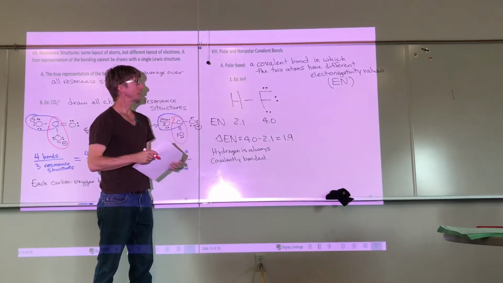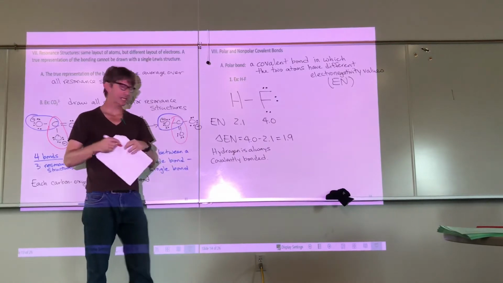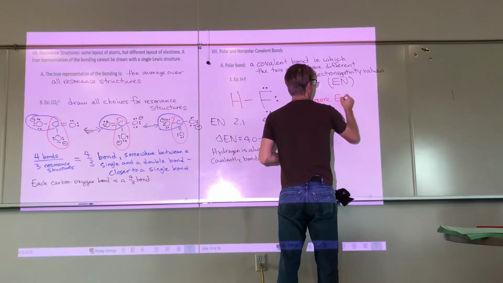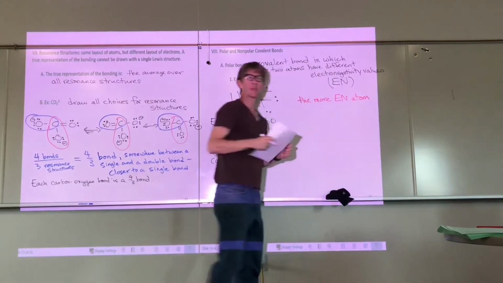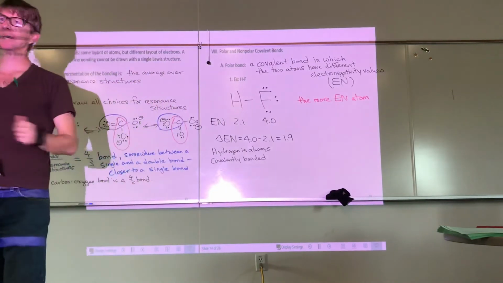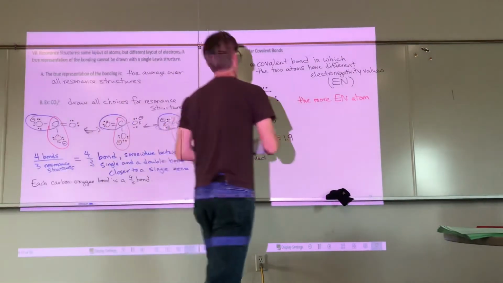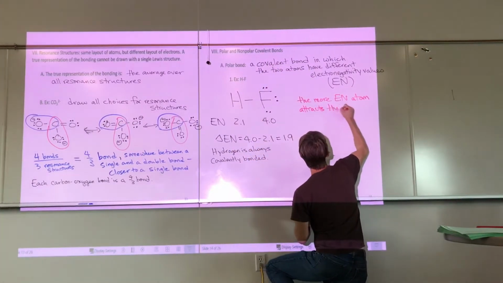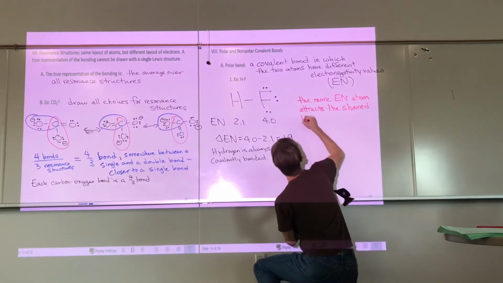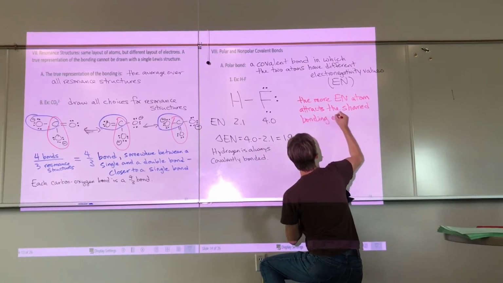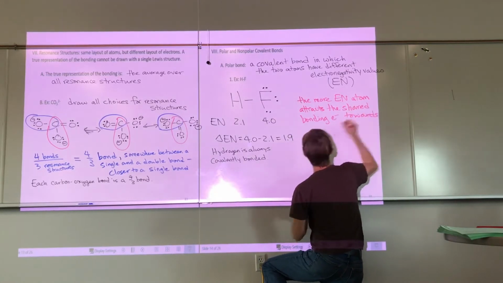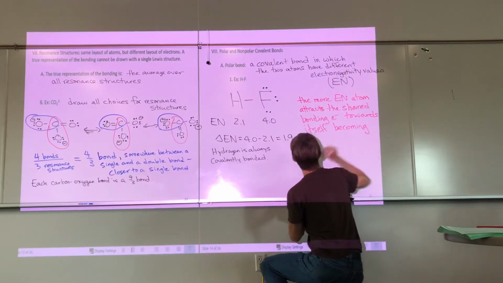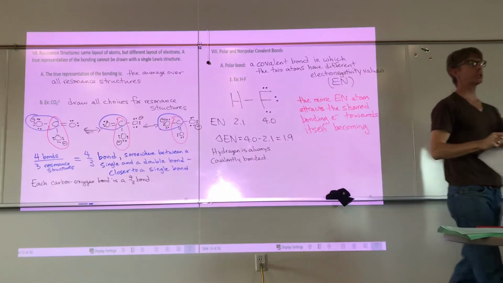In polar covalent bonds, the more electronegative atom attracts the shared bonding electrons towards itself, becoming partially negative.